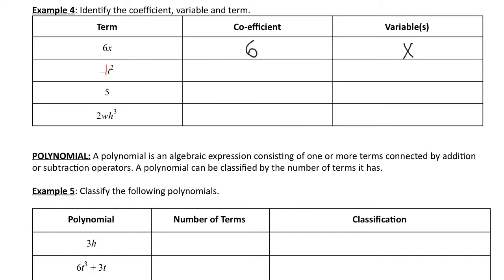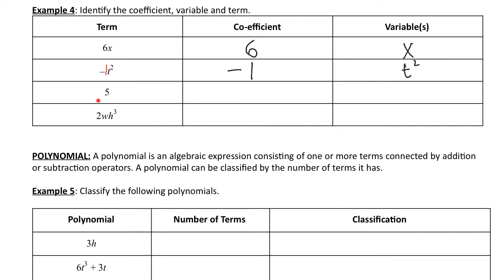So the coefficient for this term would actually be negative 1. The variable would be the letter, and because there is an exponent attached to the letter, you need to include that as well. So the variable would be t squared.